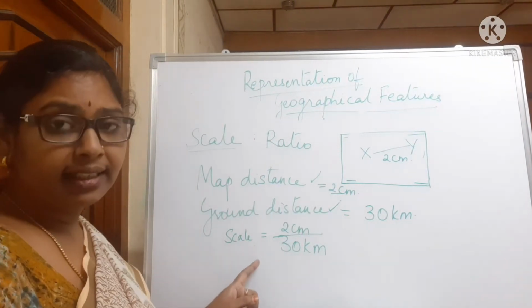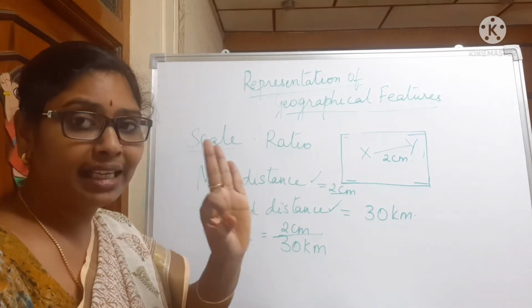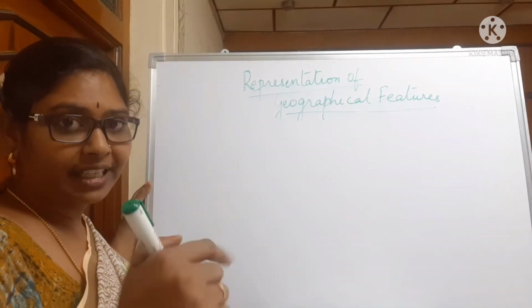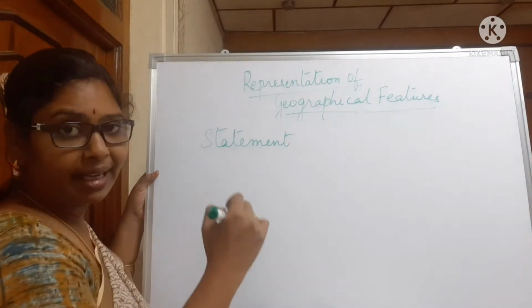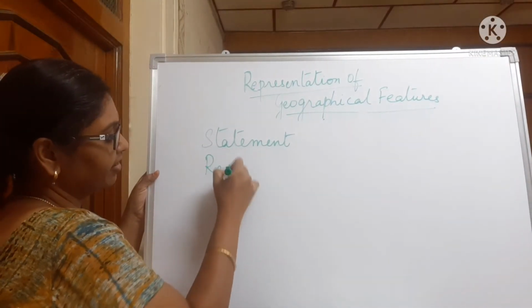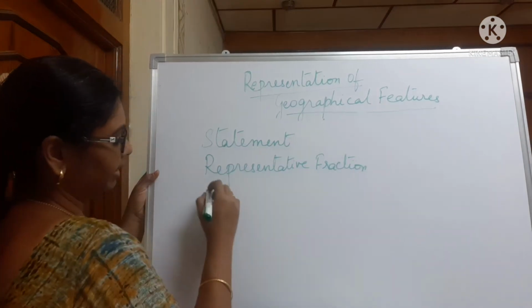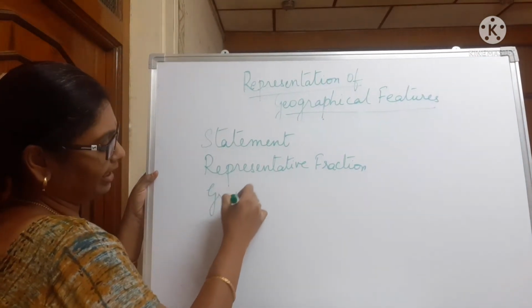To represent this scale, we have three methods. The first method is the statement method. The second method is representative fraction. And the third method is graphic or linear scale.